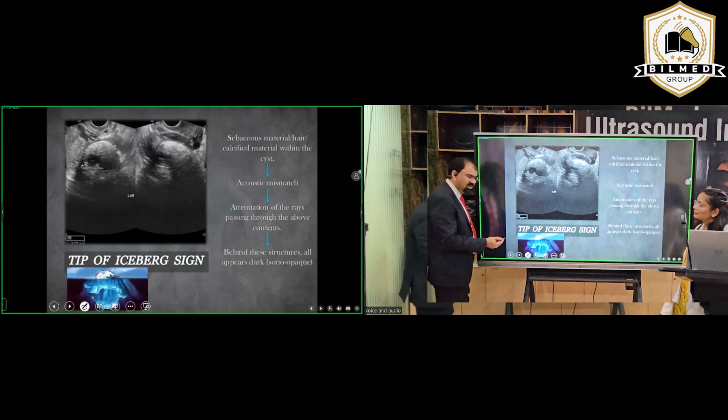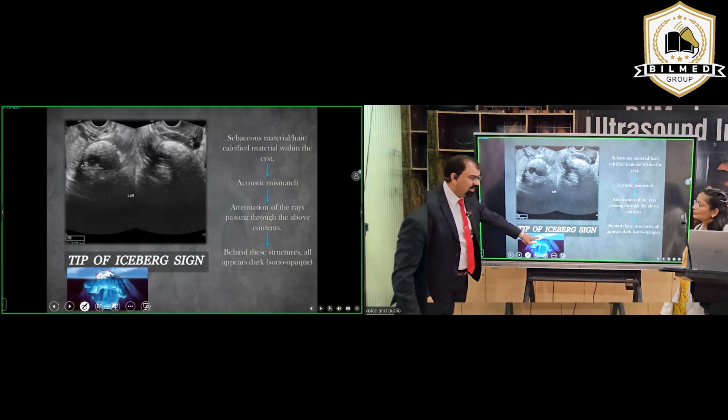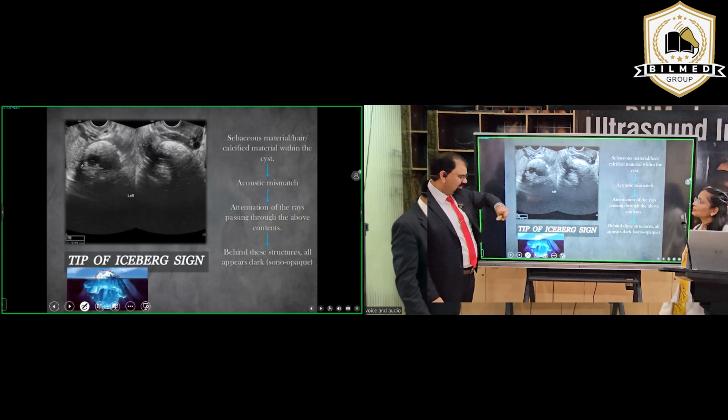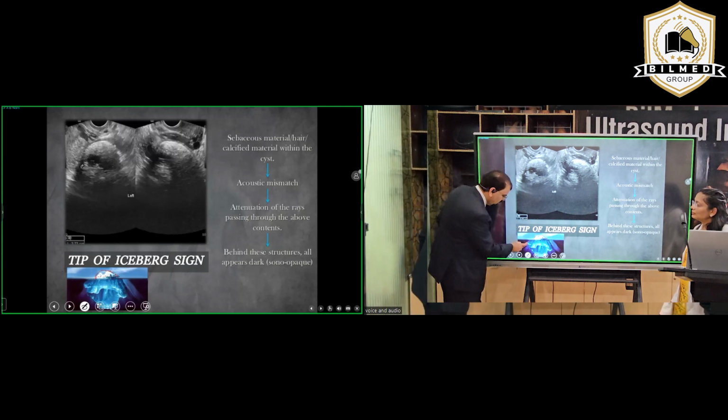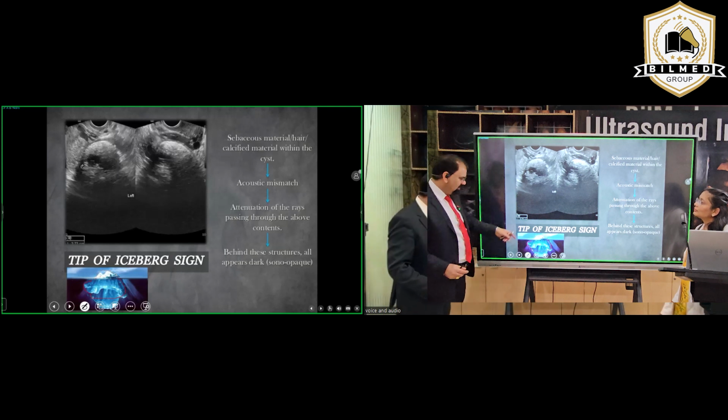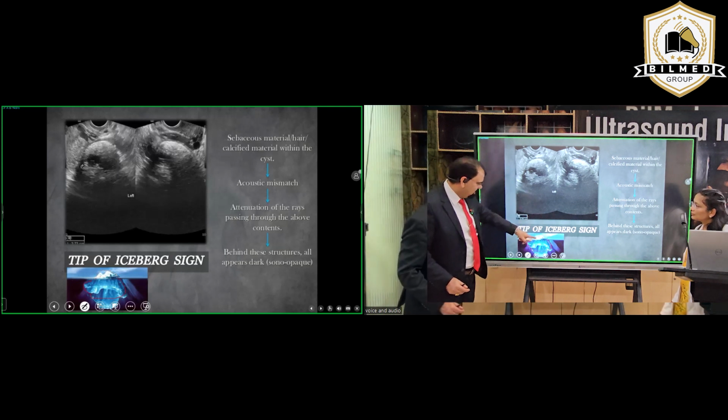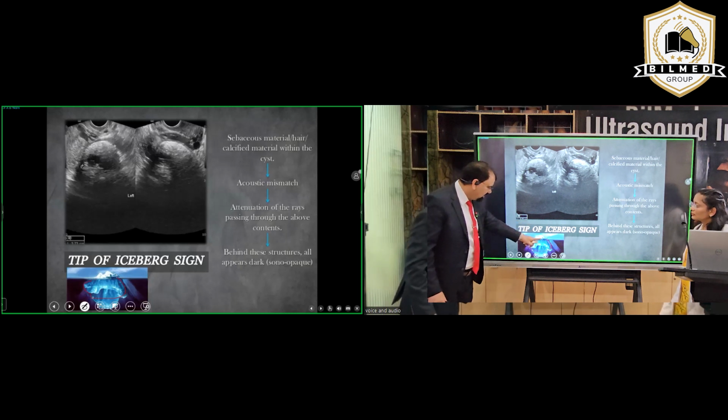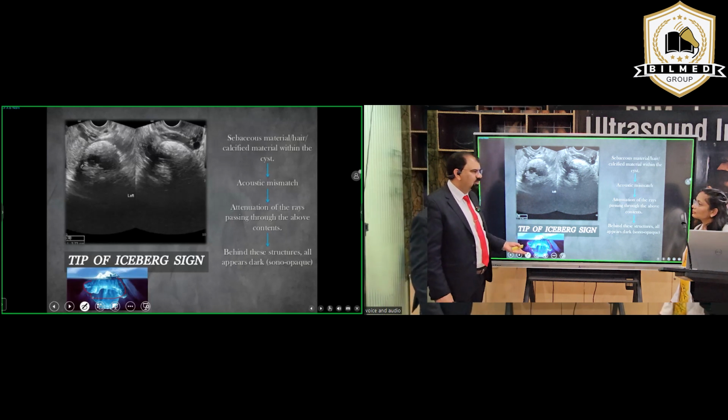What I am seeing is only the tip of the dermoid. Why am I not able to see the whole dermoid? Because when the beam is hitting, it bounces back from this tip and leaves 90% non-scanned.